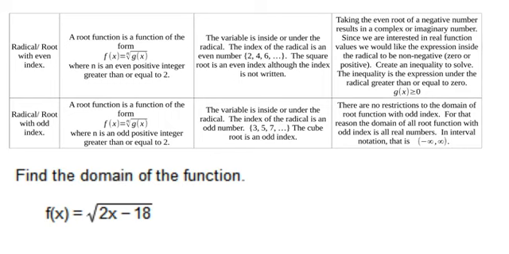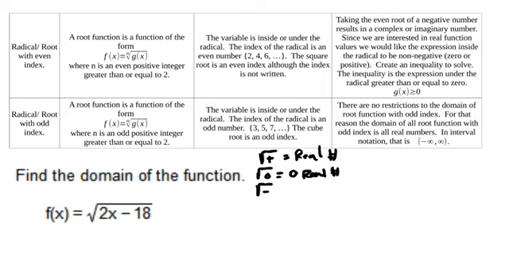And in this example, I see a square root. And with square roots, we know that square root of a positive number is a real number. We know that the square root of 0 is 0, which is a real number.